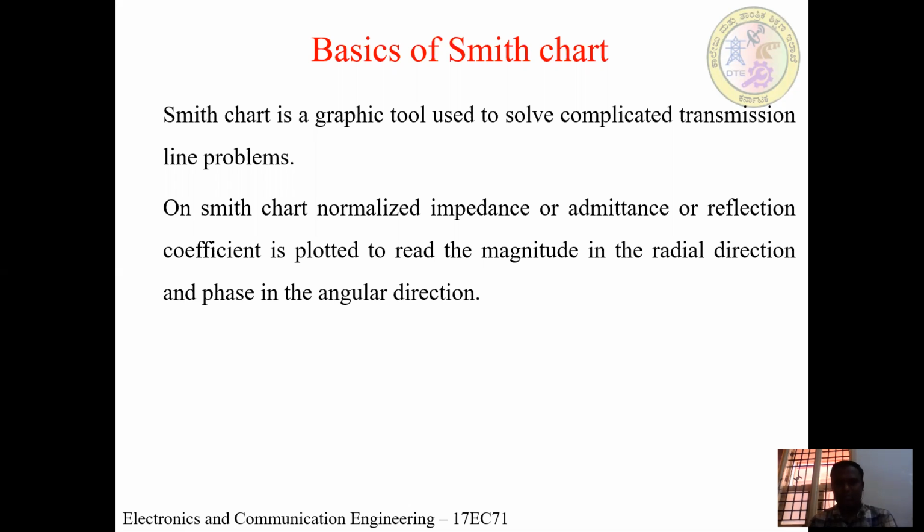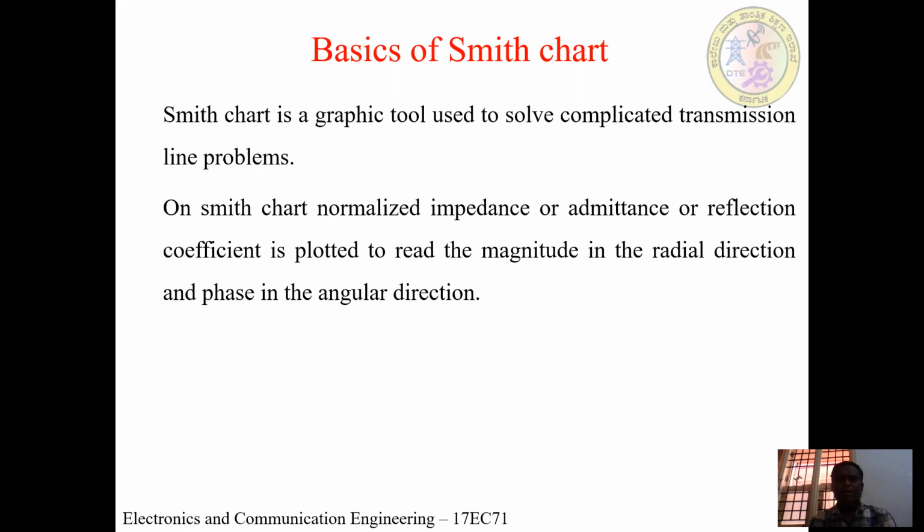What we expect in transmission line problems is to find the impedance of the transmission line, the admittance of the transmission line, and the reflection coefficient. These can be calculated using empirical formulas, as well as using this graphical tool, which gives the solution with an easy method.